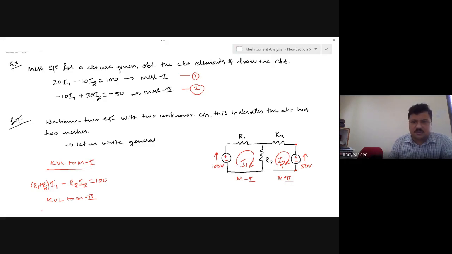Then KVL to mesh 2: minus R2 into I1 plus R2 plus R3 into I2 is equal to minus 50.